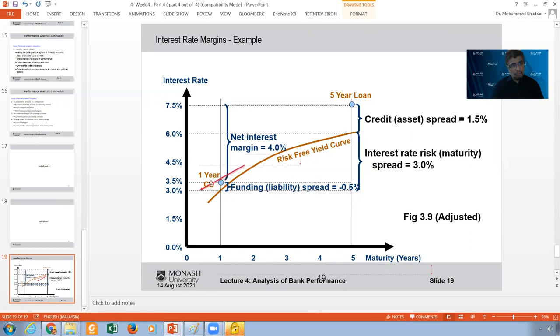So if you look at what I want to say here, there are two spreads, one for maturity and one for credit risk. The maturity spread increases over the years, but the credit risk stays the same.